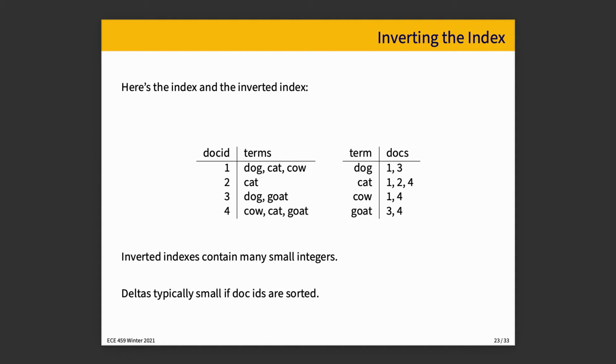That does usually mean that deltas are relatively small, and particularly if the document IDs are sorted, you just go to the next one and the offset is easy to calculate. Going from deltas to original integers takes a time that's logarithmic in the number of integers that we're examining.